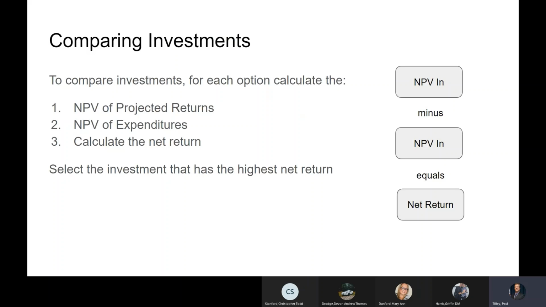If you have an option to buy a couple of items, you've got some choices. And you ask yourself, which one should I buy? Well, what you're really asking is, which one is going to generate the most profit for me? Which one is the most economically viable for me to produce?